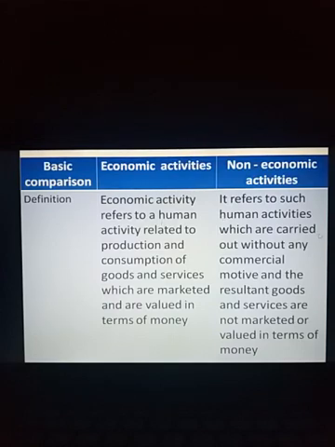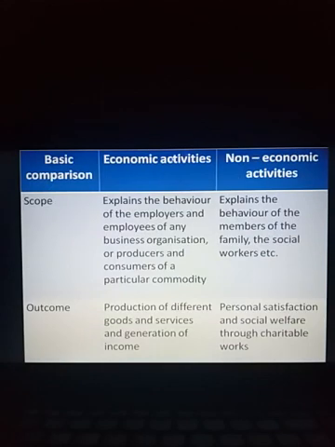Then come to the second basic difference, that is scope. On the basis of scope, how can you differentiate between these two? Observe, economic activities explain the behavior of the employers and employees, that is owners and workers of any business organization, or producers and consumers of a particular commodity.